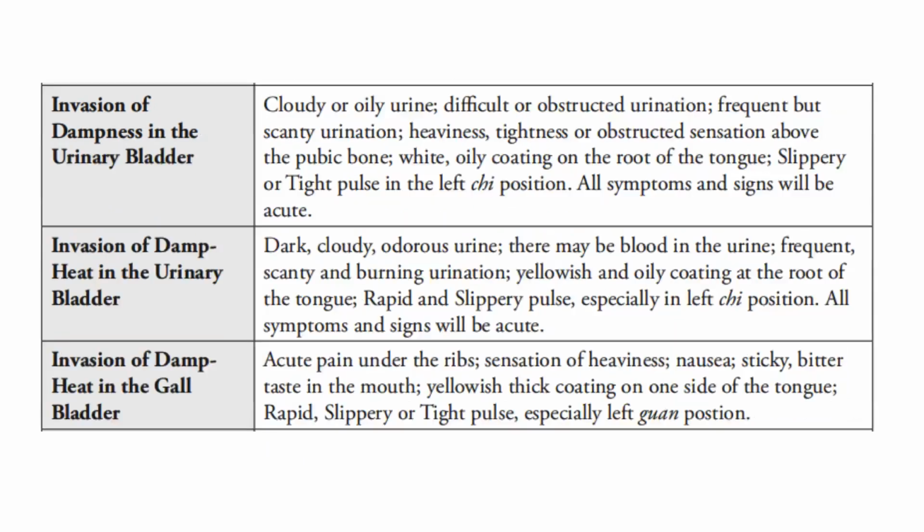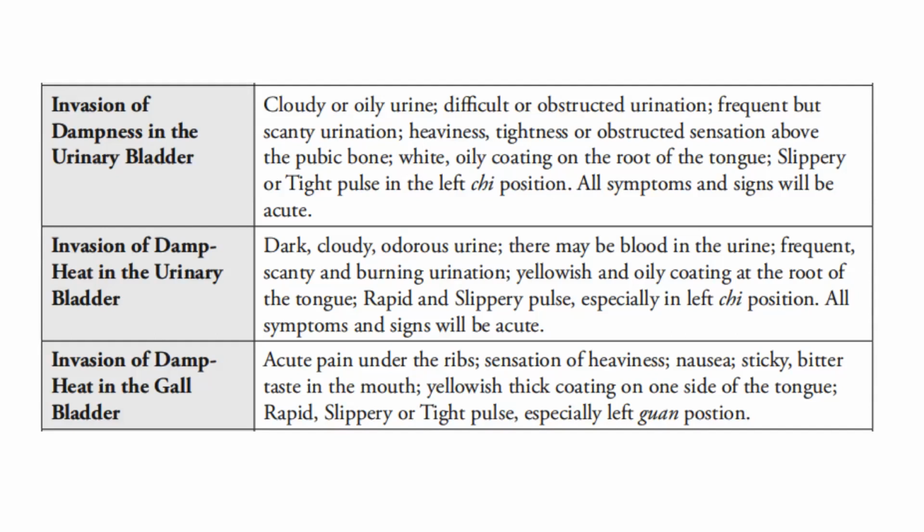For invasion of dampness in the urinary bladder, urine will be cloudy or oily. Urination will be difficult or obstructed. Frequent but scanty urination, heaviness, tightness, or obstructed sensation above the pubic bone. White oily coating on the root of the tongue. Pulse is slippery or tight in the left chi position.